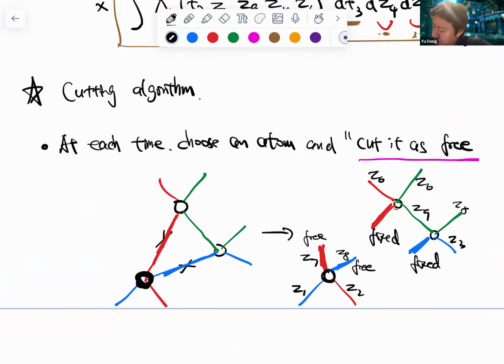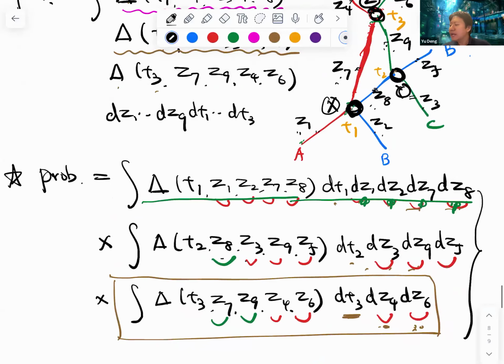And this is also the same as z7, and also the same as z8. Notice that this and this exactly match this and this. Since we are dealing with an iterated integral, when we work on the integral in the second and third lines, the variables z7 and z8 are viewed as fixed.